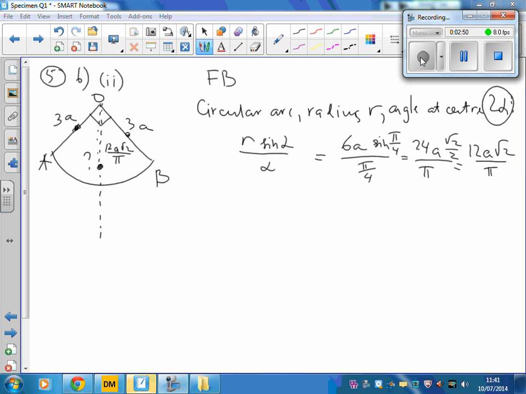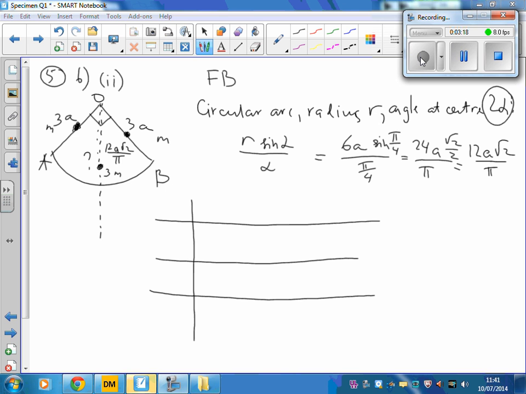Now we can consider three particles, mass m, m and 3m, placed at these 3 points, and we can find the position of the center of mass for this system of particles. Let's make a table. What do we have?